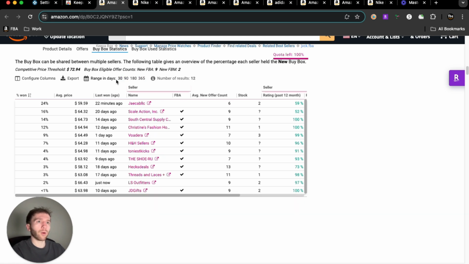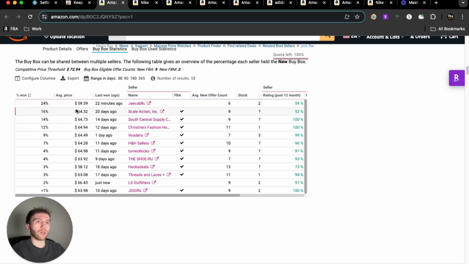But why this is important is because this is going to help you price your products correctly. So you could go ahead and price it at $59 because they want it the most, but you can see here, $64 has won all of these sellers the buy box, which is going to add up to a lot more than 24% of the time.